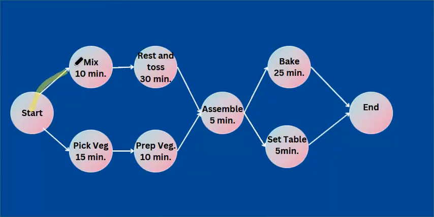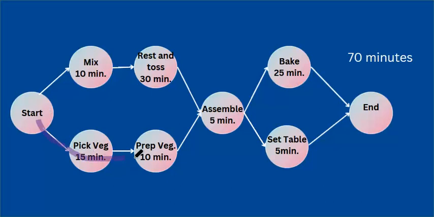Looking at my digraph, I have two different paths to the end. I'm going to add up the times to figure out how long each path will take. To mix, rest and toss, assemble, and bake my pizza takes 70 minutes: 10 plus 30 plus 5 plus 25.